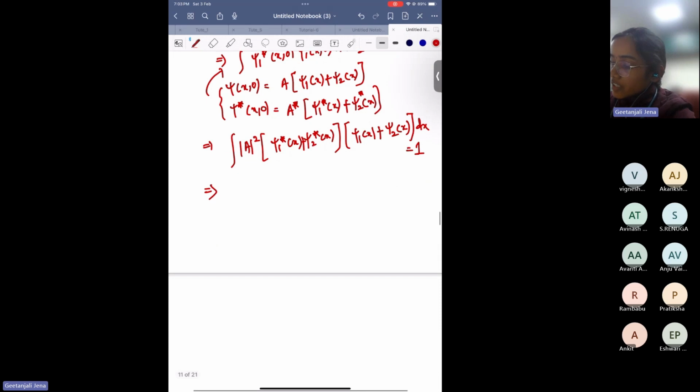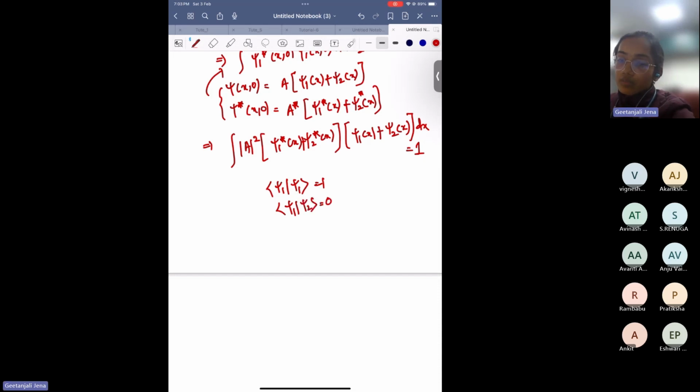So you have to just keep in mind the orthonormal condition. I have told you before starting the section that this is the orthonormal condition. Whenever two states are the same, they will give 1. When two states are different, they will give 0.